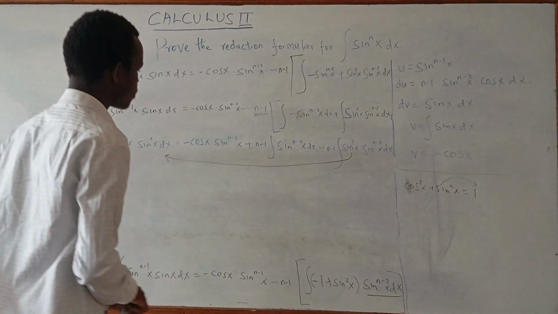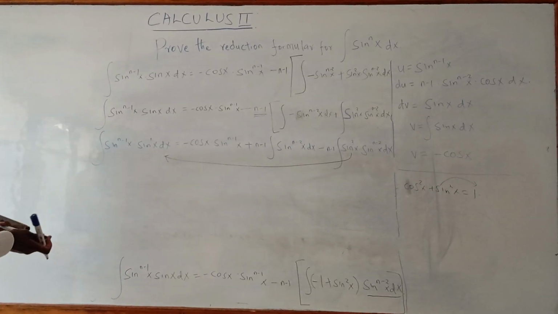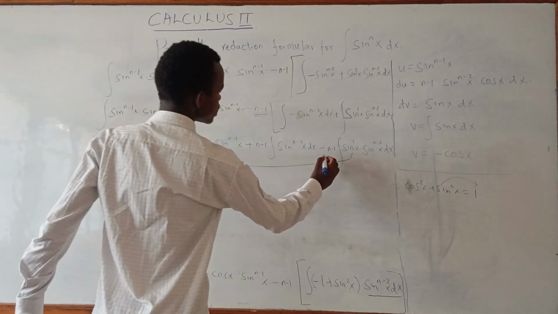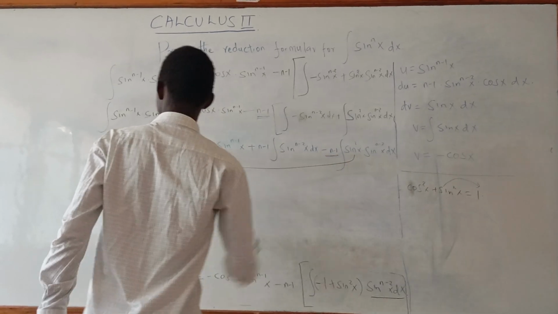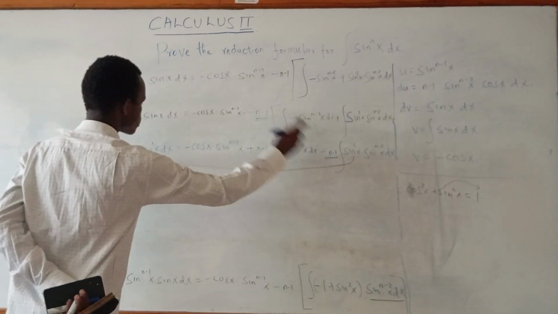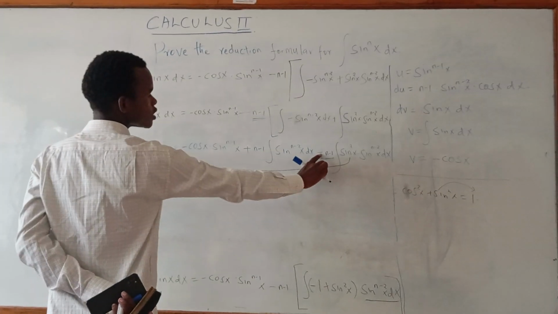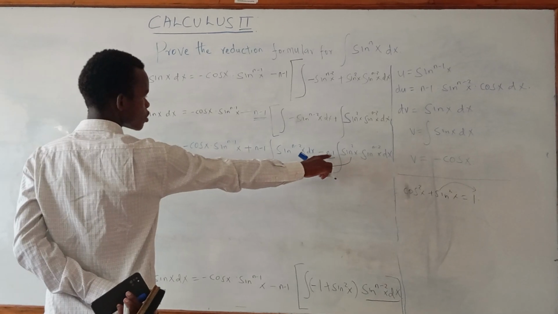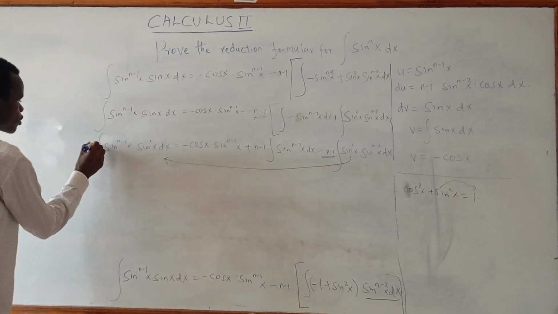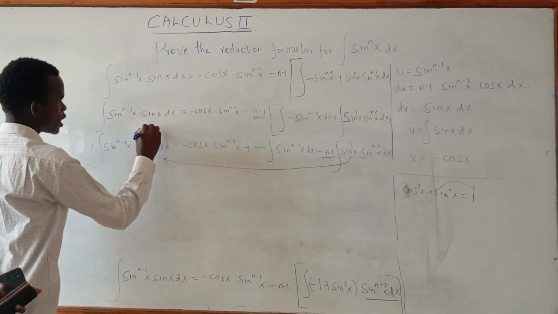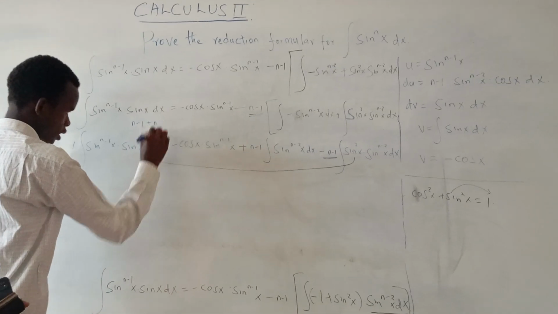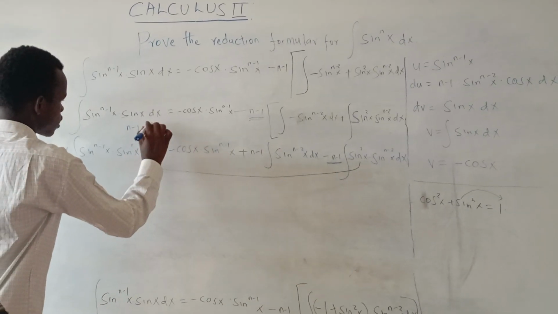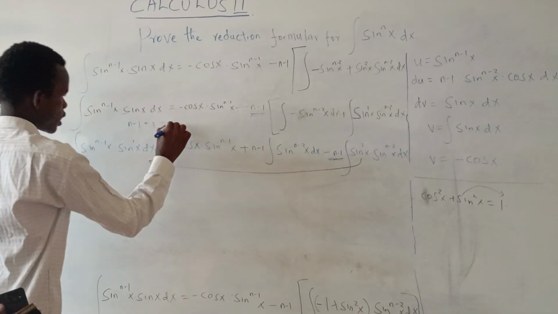and adding the coefficients, the coefficient here is negative (n-1). Taking it to the left side, the negative changes to positive, so it will be (n-1) plus the coefficient for this, which is 1. So it will be (n-1) plus 1, and our value is n.